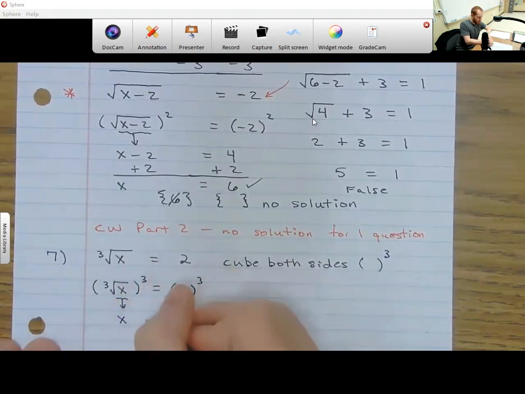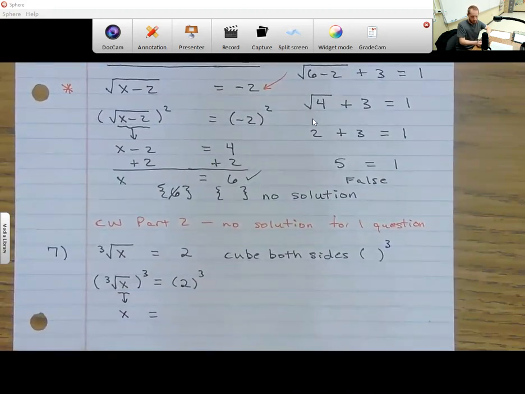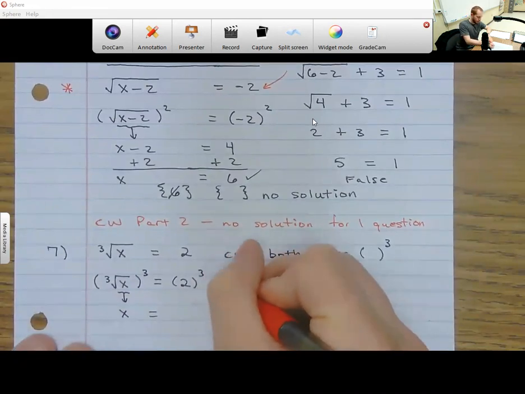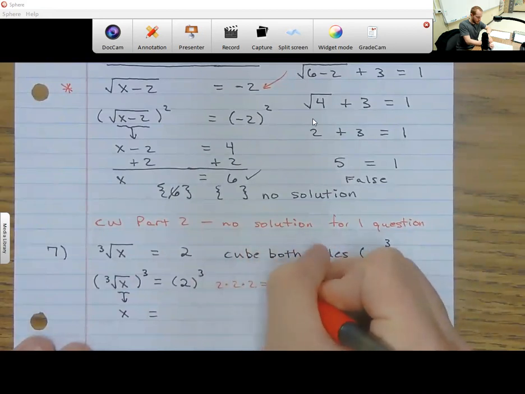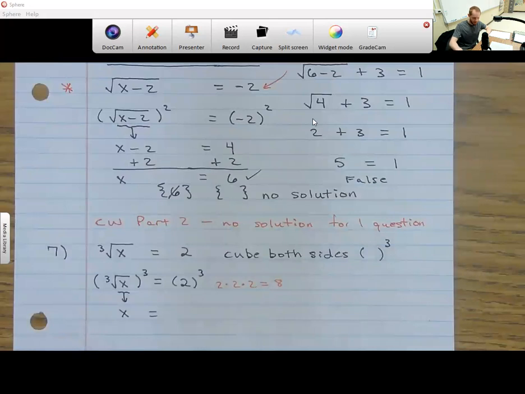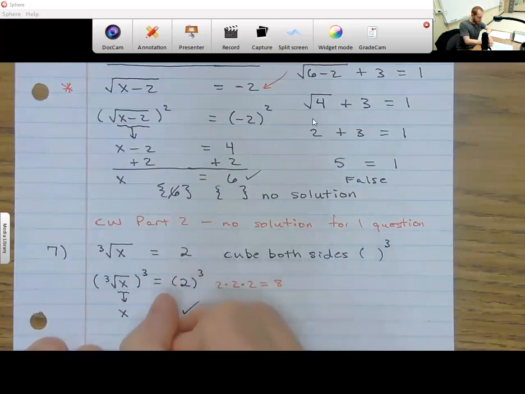So the x comes down, and then over here, I've got 2 cubed. Well, 2 cubed is going to be equal to 2 times 2 times 2, right? And that's going to give me 8. That's going to give me 8 for my answer. So my solution set is going to be 8.